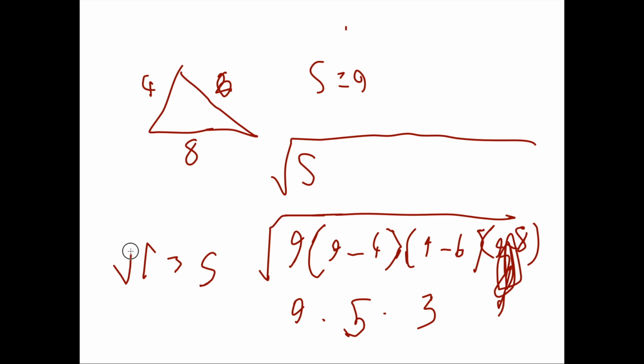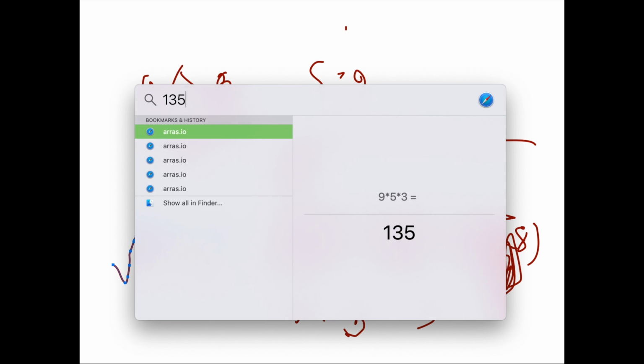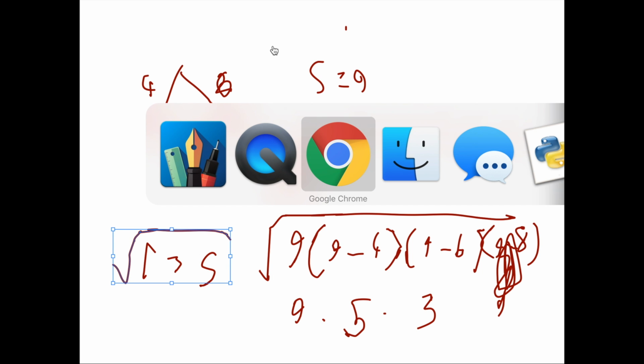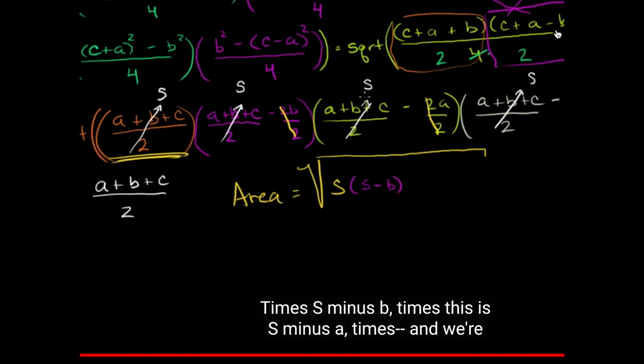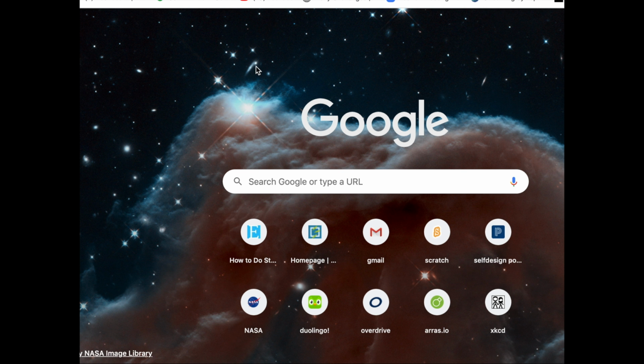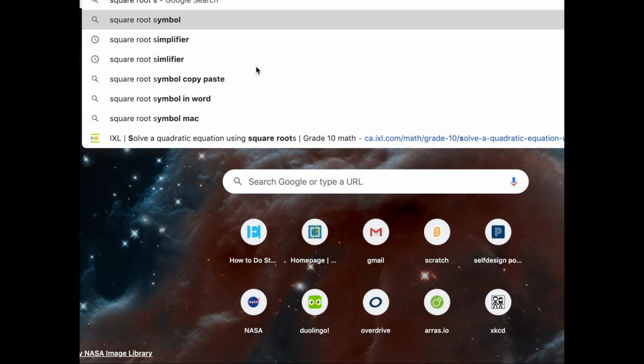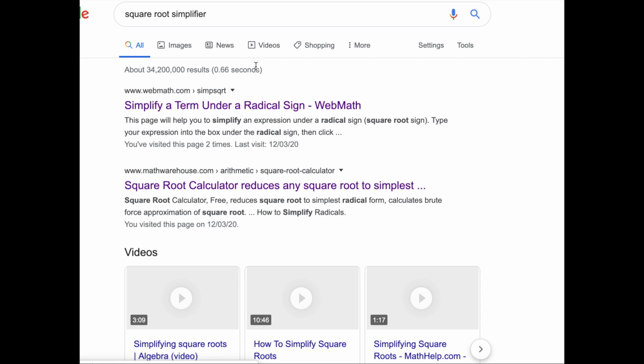Okay, so what's the square root of 135? Well, we can simplify that. Is it a multiple of 25? Is it a multiple of any square? 135 divided by 25 is not a whole number. Actually, let's go online and check a square root simplifier.